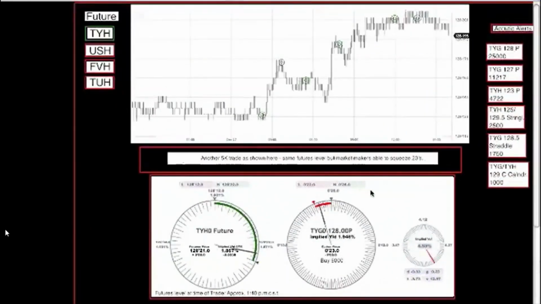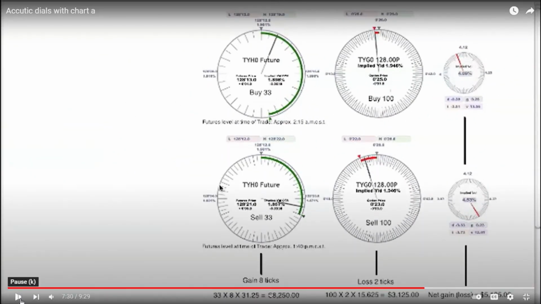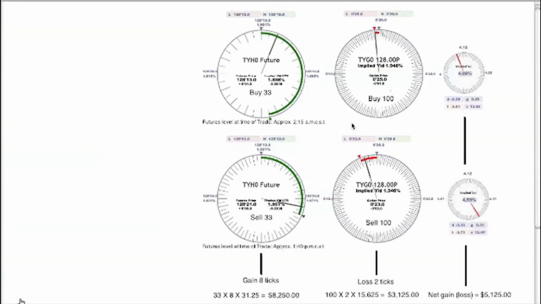So let's pretend we bought early in the morning and sold that late in the day trade.